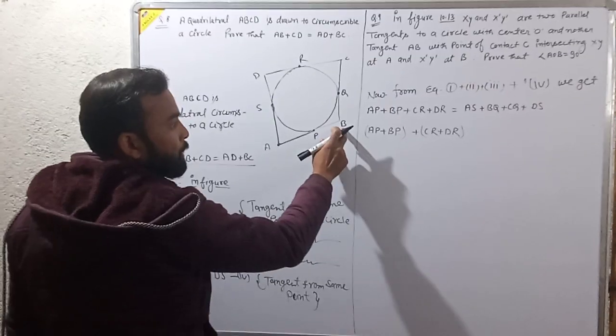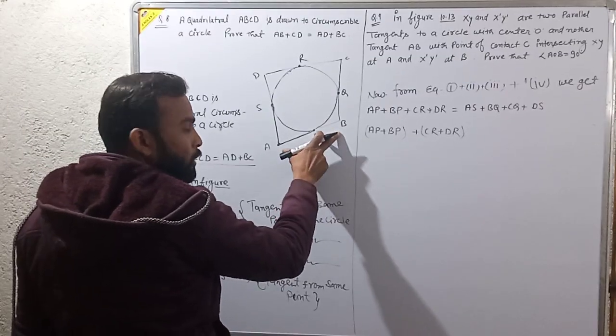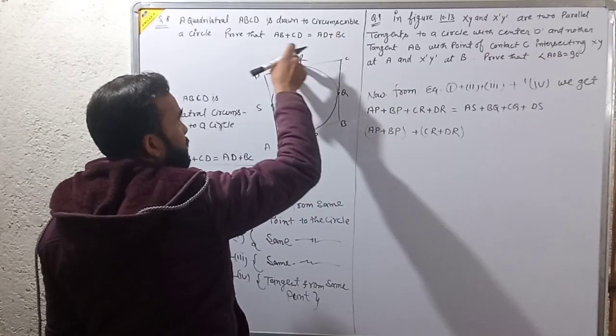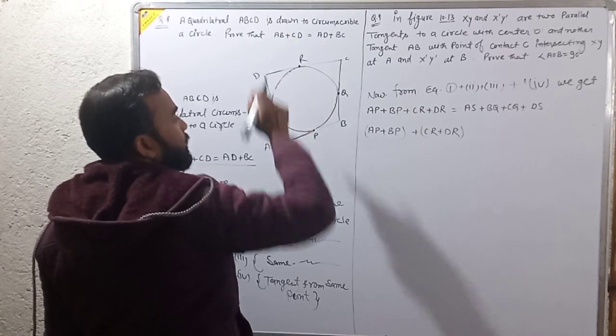AP plus BP is equal to AB, and CR plus DR is equal to CD.